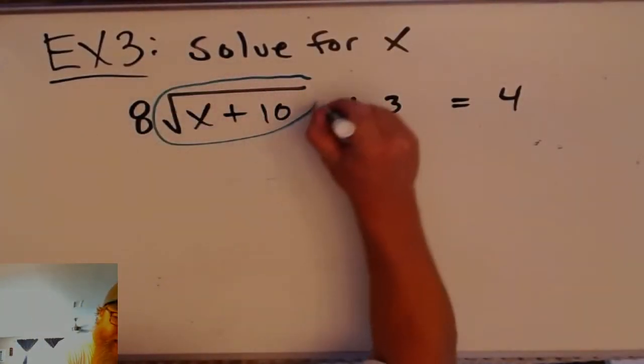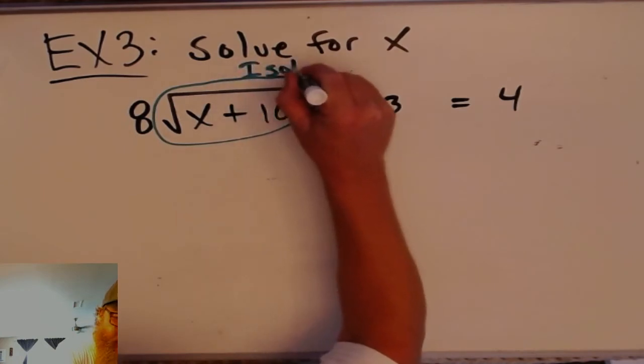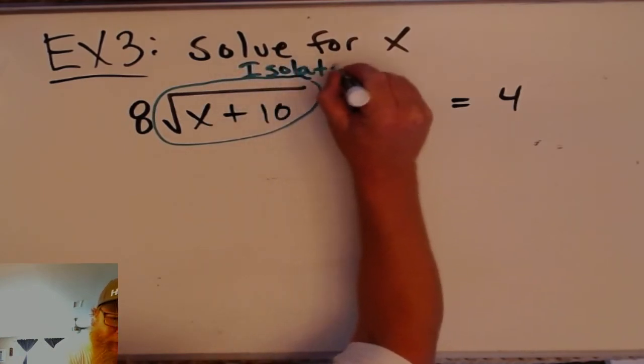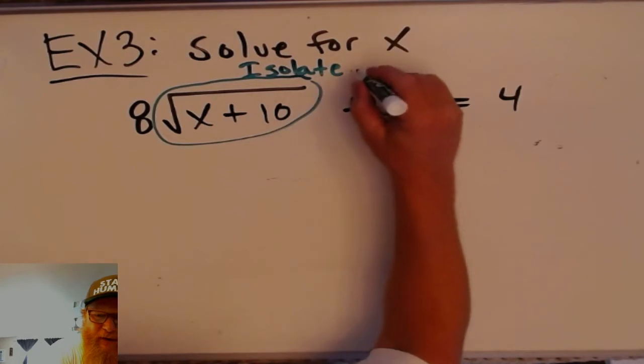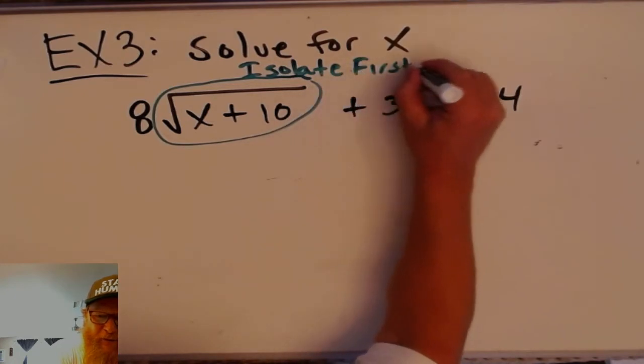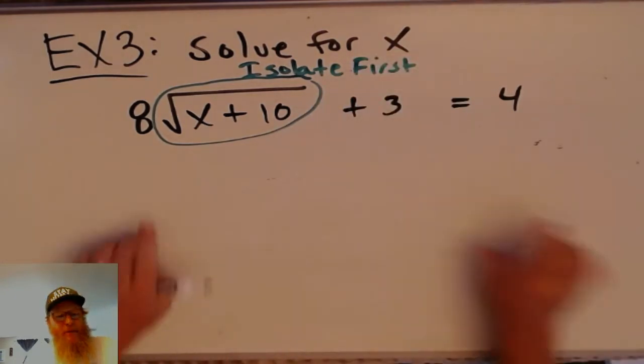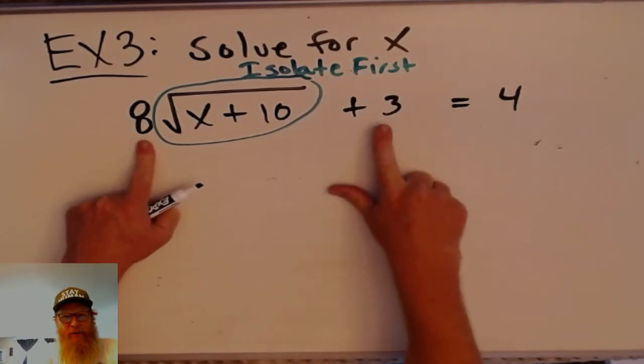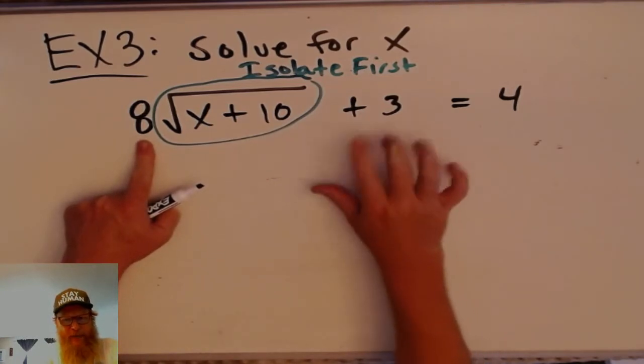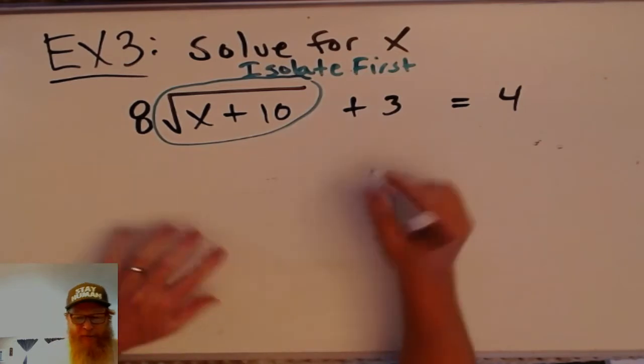So you have to isolate first. So you want to get rid of the 8 and you want to get rid of the positive 3. Make sure you do your adding and subtracting first.